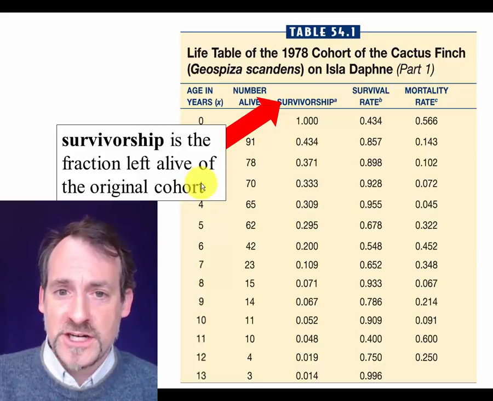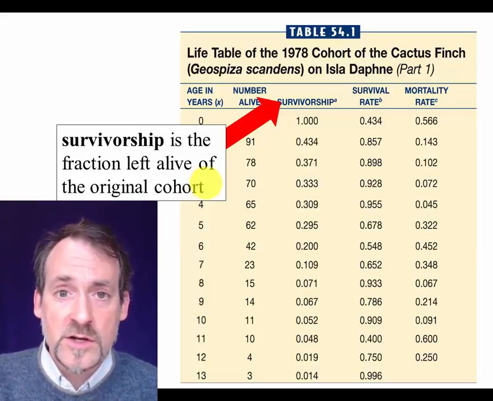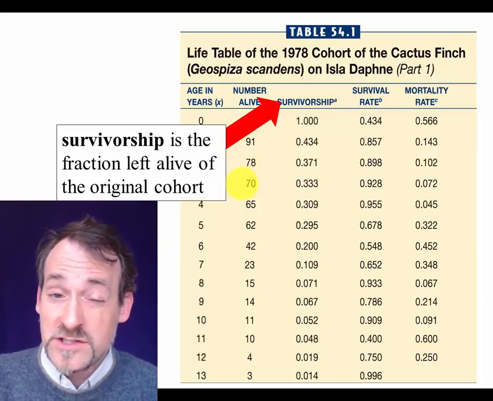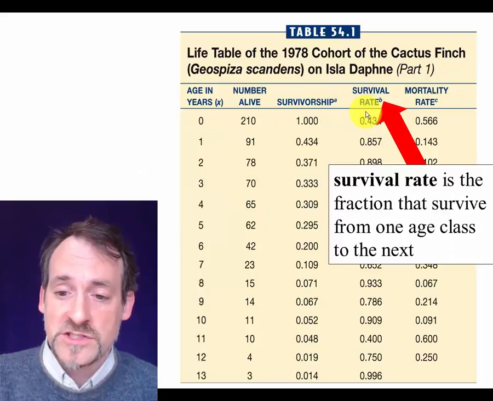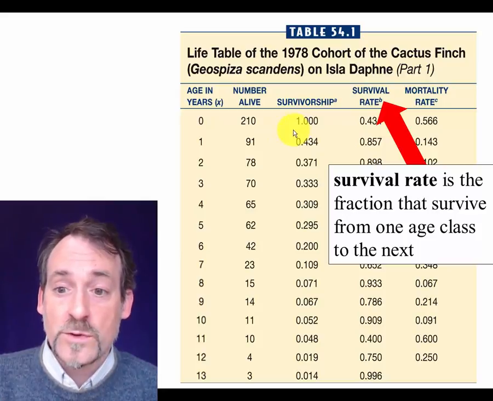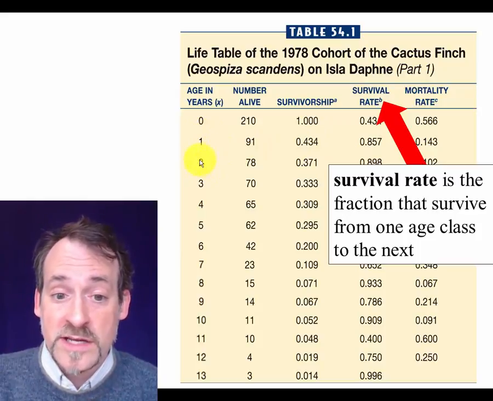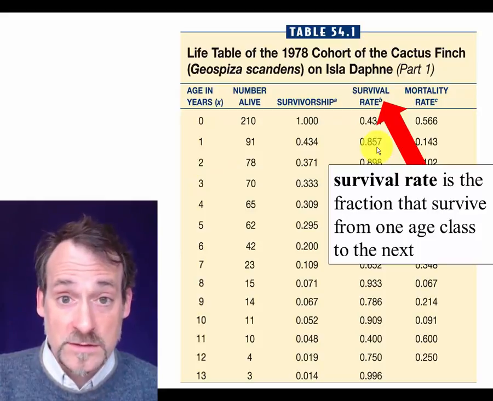So survivorship is actually the number that you're really interested in when you're looking at a life table. I should point out that there are other numbers here. Survival rate is what's shown over here. And that's the fraction of individuals that make it from one age class to the next. So for example, if you're thinking about the number of individuals that make it from age 1 to age 2, that number is 0.857.